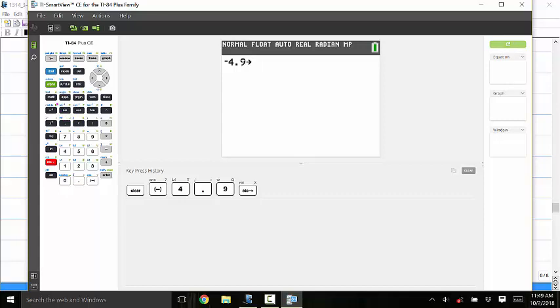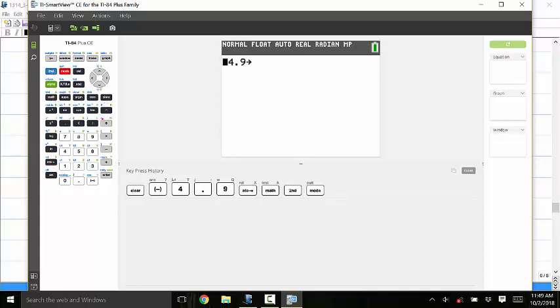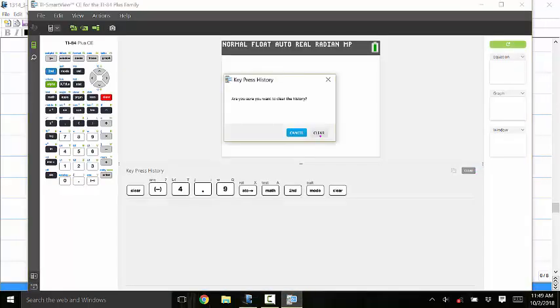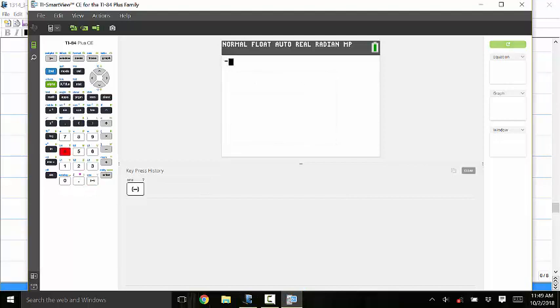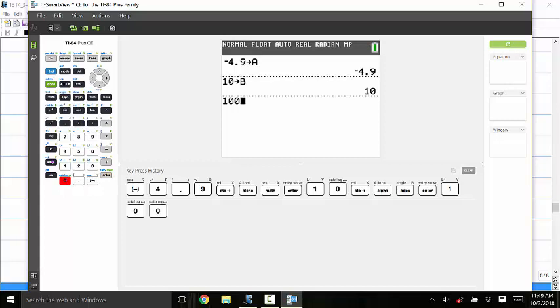Store that as A. Negative 4.9, store alpha A, enter. What was B? 10. Store alpha B, enter. Store it, then use it. 100. Store alpha C, enter.